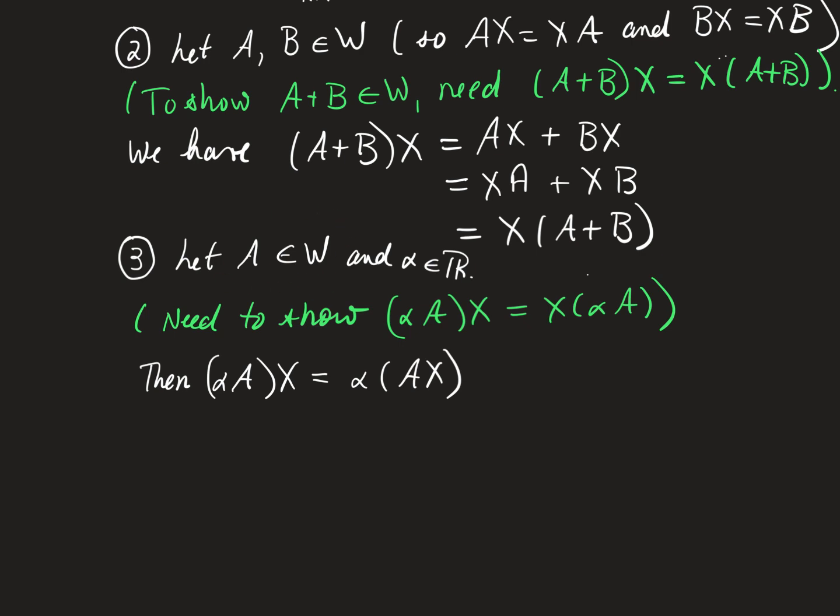What that means is that A commutes with X. So that's alpha X times A. And now I know that I can do the following. Matrices satisfy this property. That's X alpha A. So I just showed that alpha A commutes with X. So I can conclude that indeed alpha A belongs to W. And so I've shown that it's a subspace.